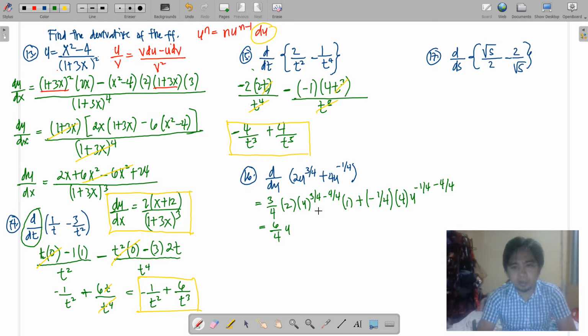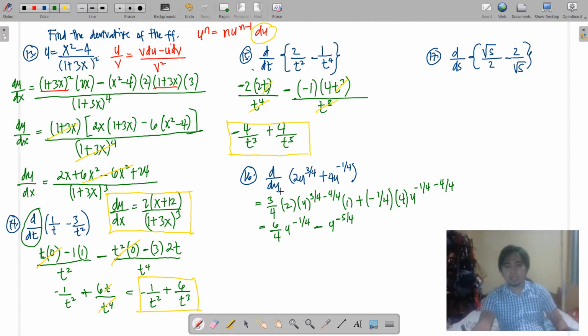And then y raised to negative 1/4. Okay. And then plus 4 over 4 times negative 1 na lang, no? So perhaps we can have a negative sign here. And then y raised to negative 5 over 4.